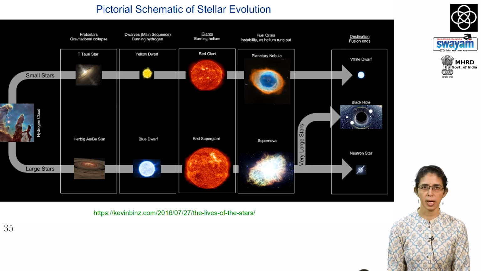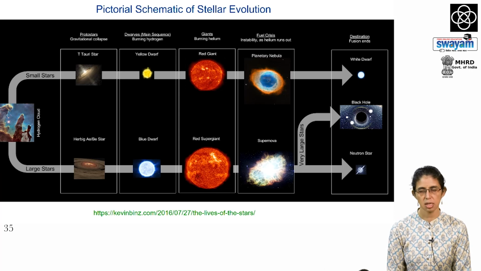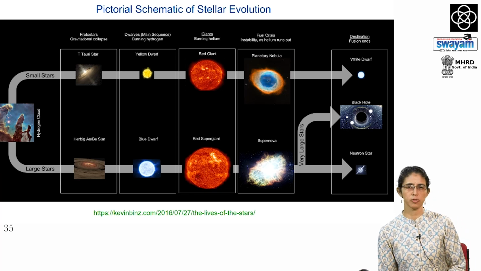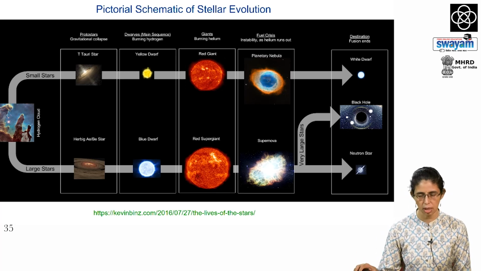In the case of more massive stars, one can see that beyond the main sequence phase it passes through the supergiant phase, and beyond this the outer envelopes of the star are thrown out in a violent explosion called supernova, and what is left behind is a neutron star or a black hole.